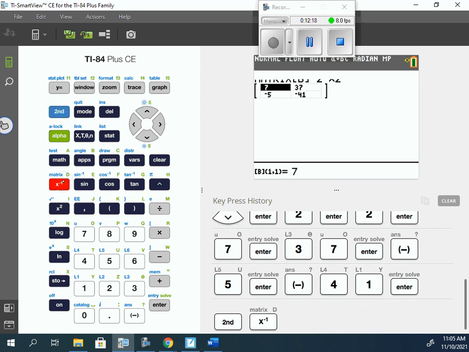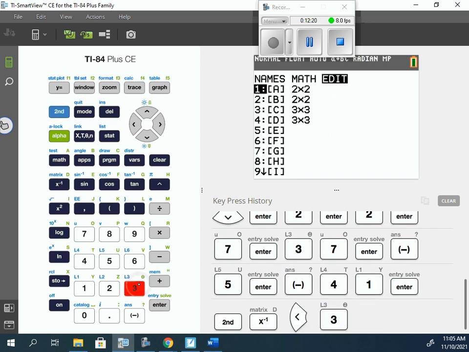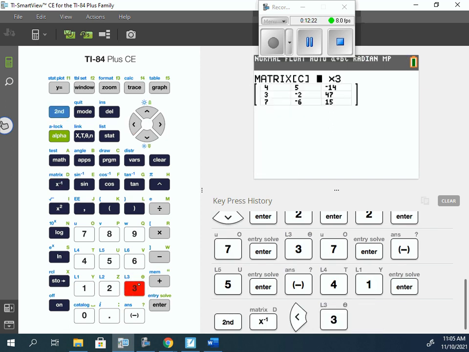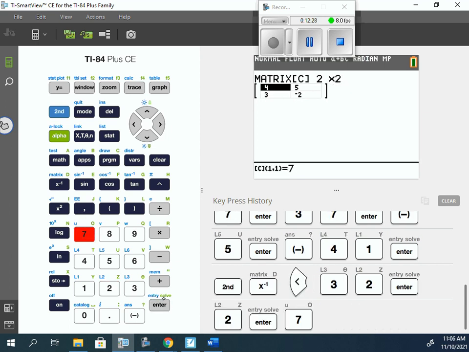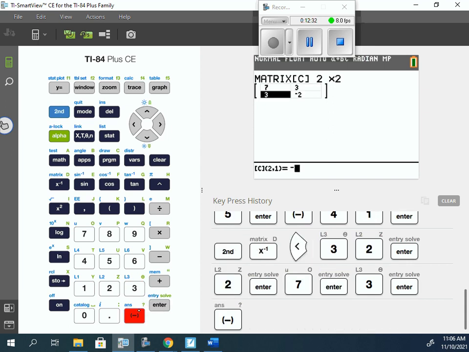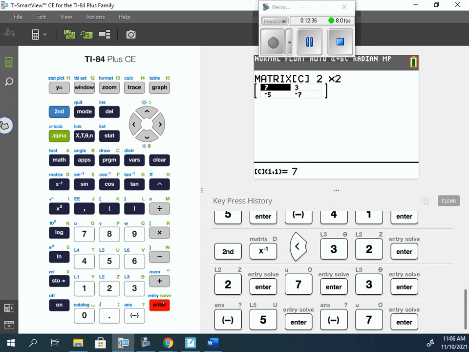Then we go second matrix, edit, C, which is still a 2 by 2, 7, 3, negative 5, negative 7. And I have a feeling you all had these typed out a while ago. Yes? Y'all are getting a lot faster at typing these in.